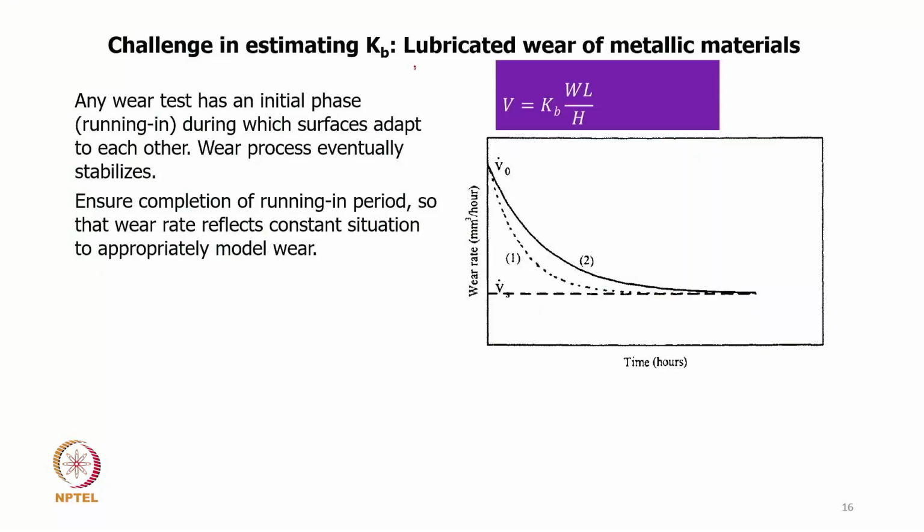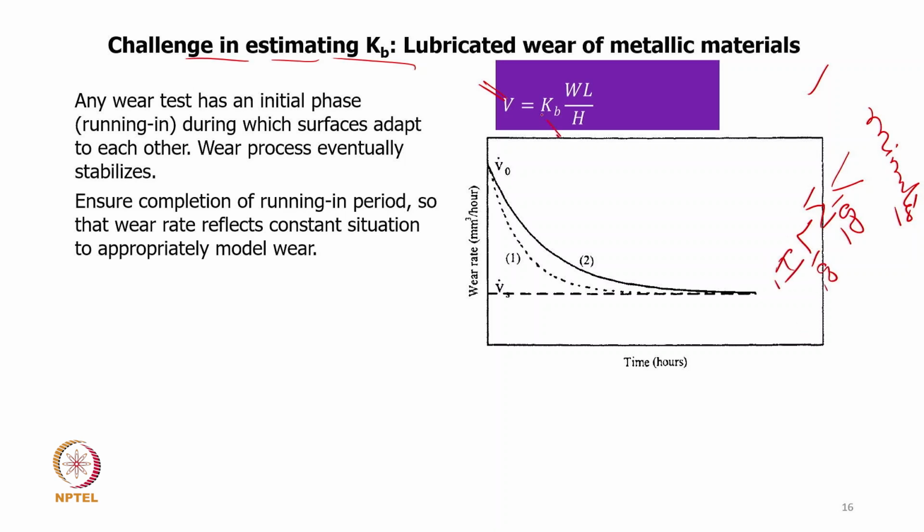And this is the last slide of the lecture. What will be the challenges to estimate KB? I've seen in the literature, people do an experiment, maybe for 100 hours, and then they know the wear volume after 100 hours. They already know how much load they have applied, what the sliding distance is, and the hardness remains constant.